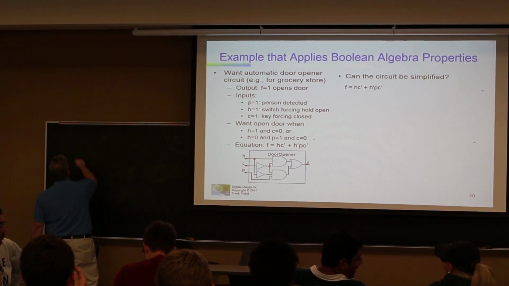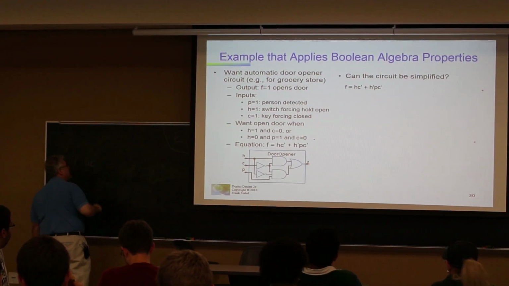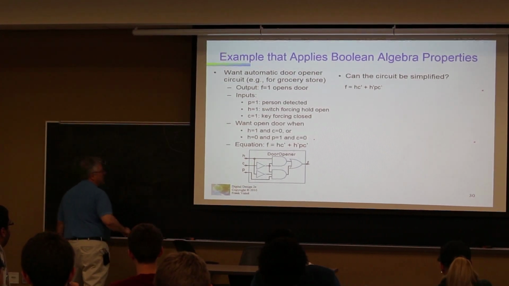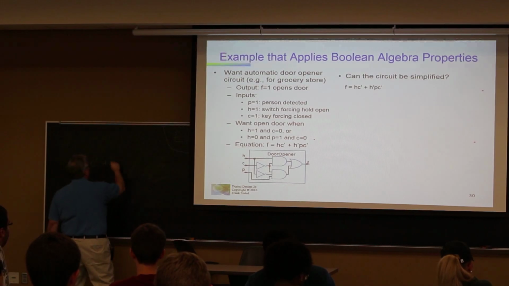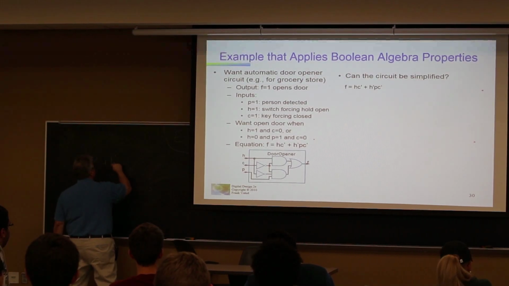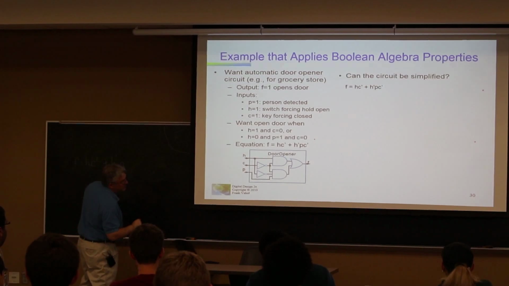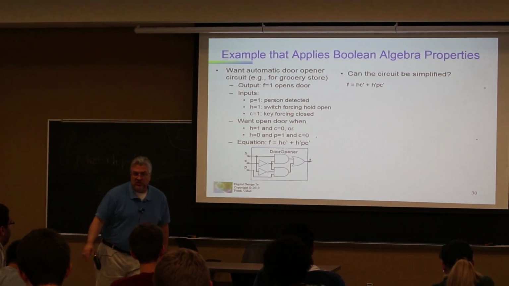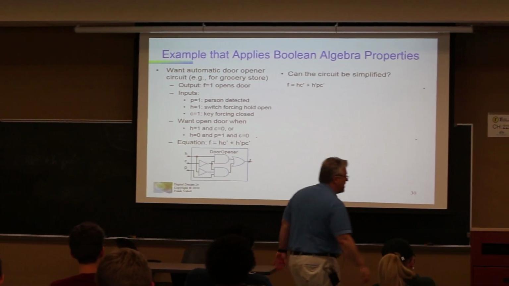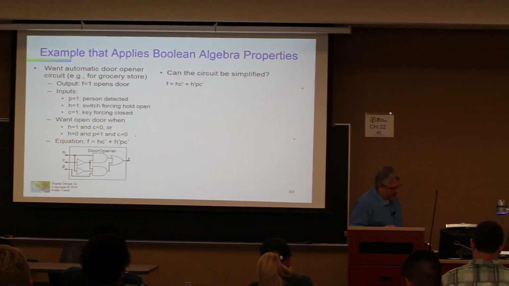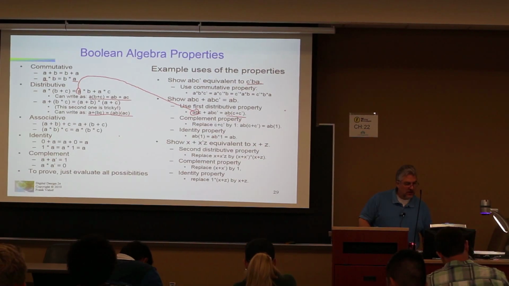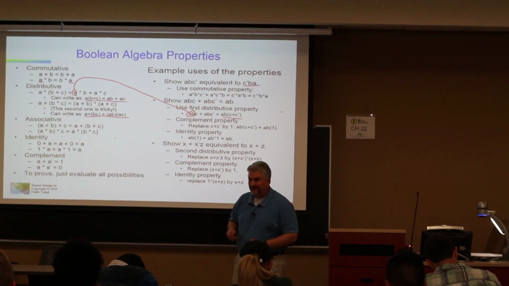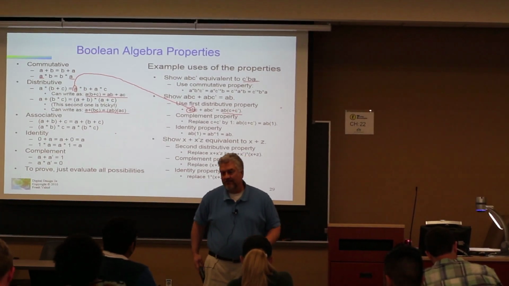F is equal to HC prime or H prime PC prime. All right? So turn to your neighbor and, using the algebraic properties that I just talked about here, solve this. And we'll come back in a few minutes.